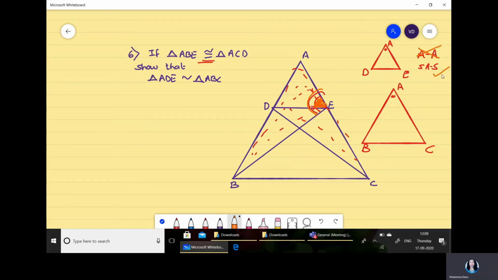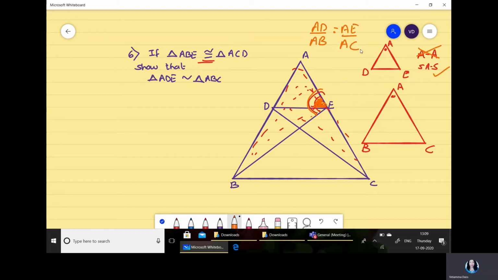Now we'll try to prove that the two sides are in proportion, using that the two triangles ABE and ACD are congruent. Which letters should I use to prove the two triangles are similar by proportion? I need to prove AD upon AB equals AE upon AC.